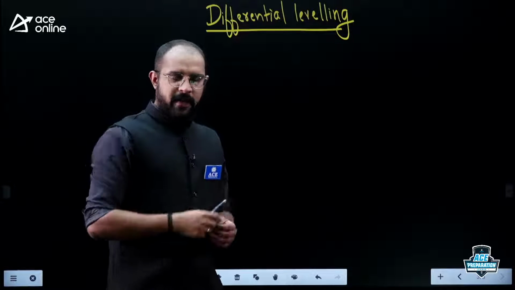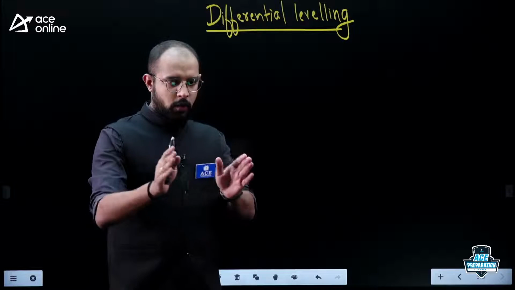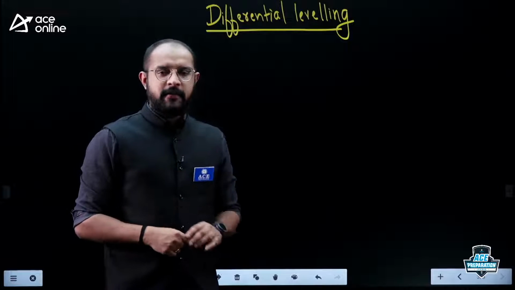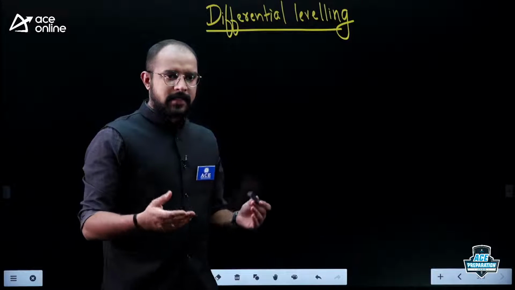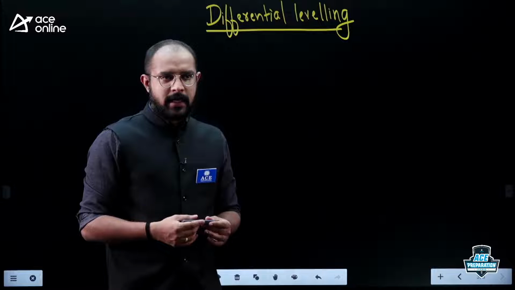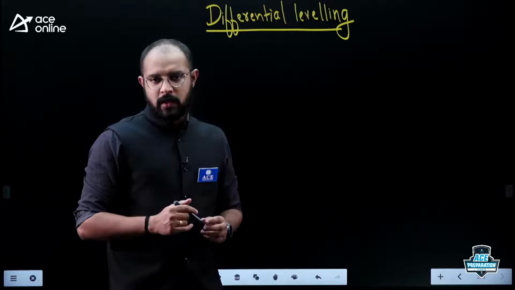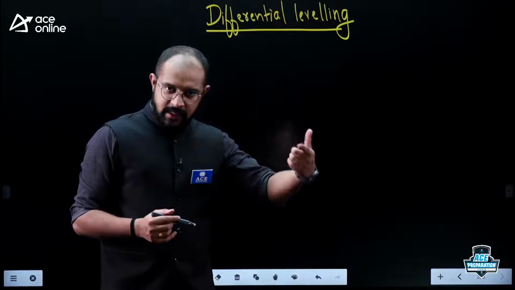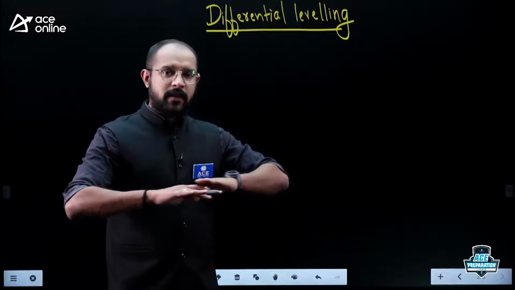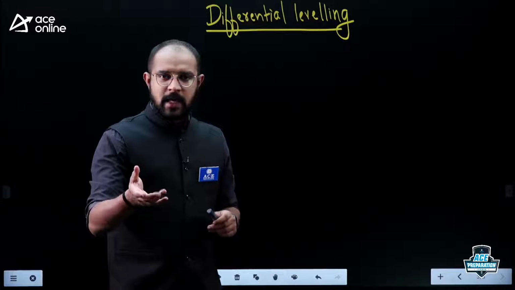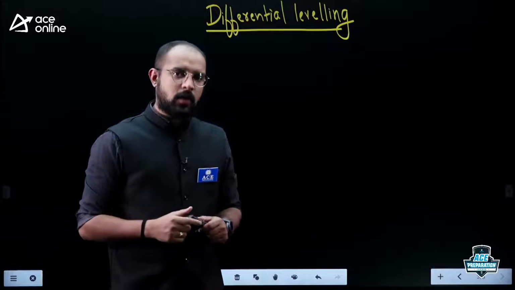Now, one way of defining differential leveling is this: I find differences in elevation irrespective of the horizontal position. Differences in elevations are calculated irrespective of the horizontal position, which means I do not care where my points lie in the horizontal plane.